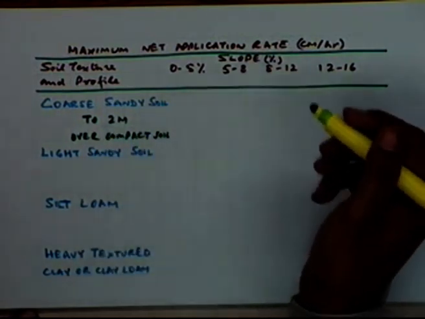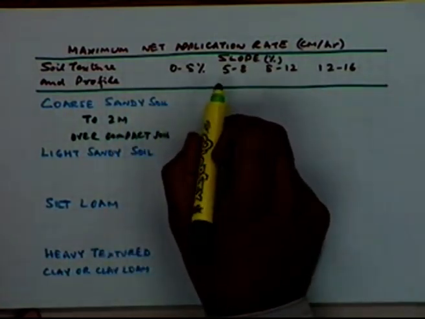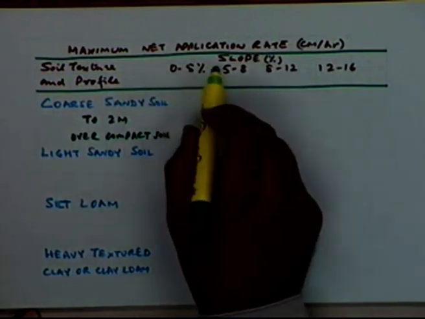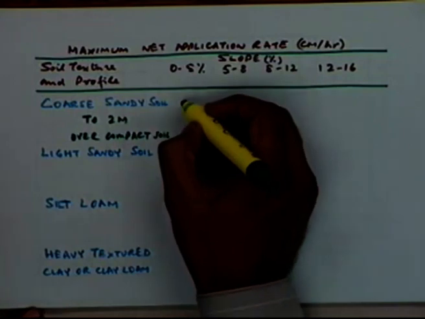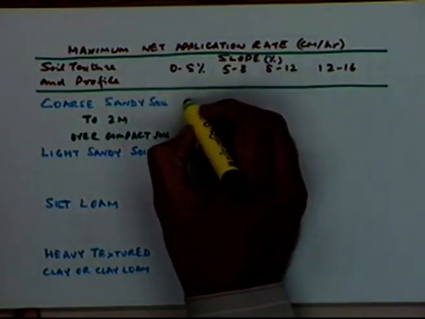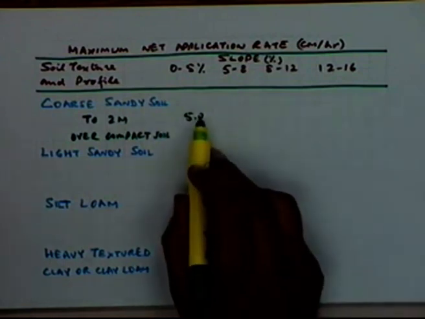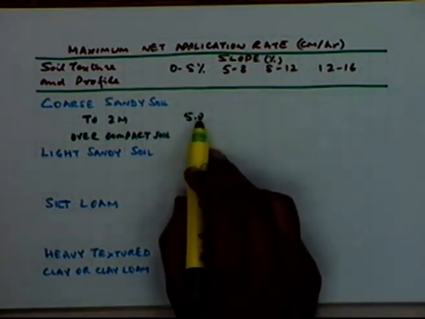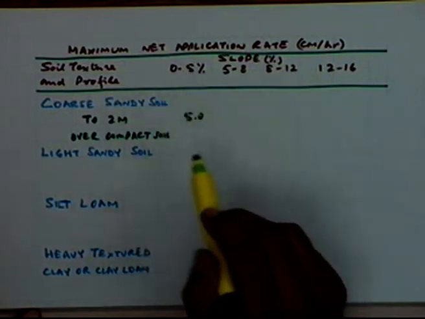So if you have deep soil, then you can afford to have a higher level of net application rate. The maximum net application rate in that situation can be 5 centimeters per hour for a very small slope, 0 to 5%.